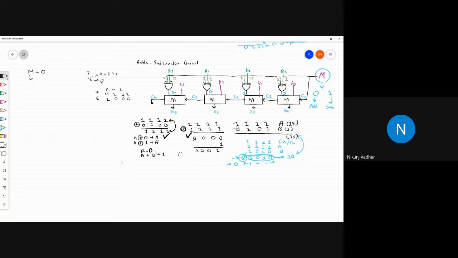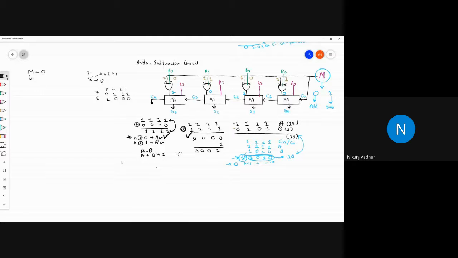When M is 0, we have 0 XOR B. We also concluded in the previous session that if we perform XOR of 0 with a variable, we get the variable itself, and if we perform XOR of 1 with any variable, we get its complement.